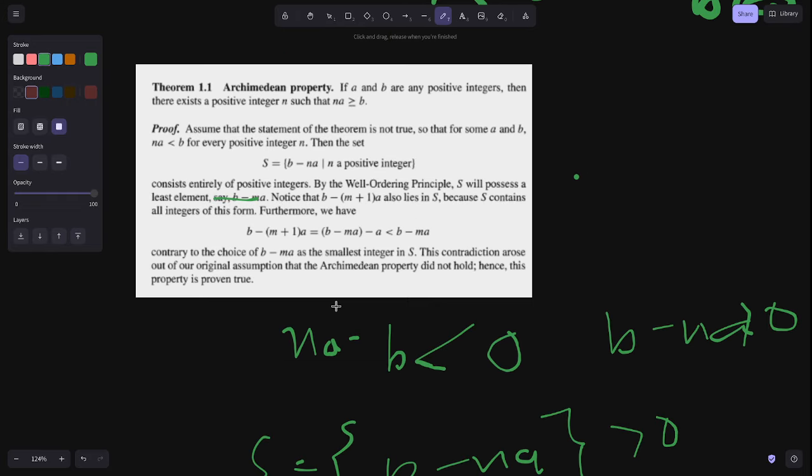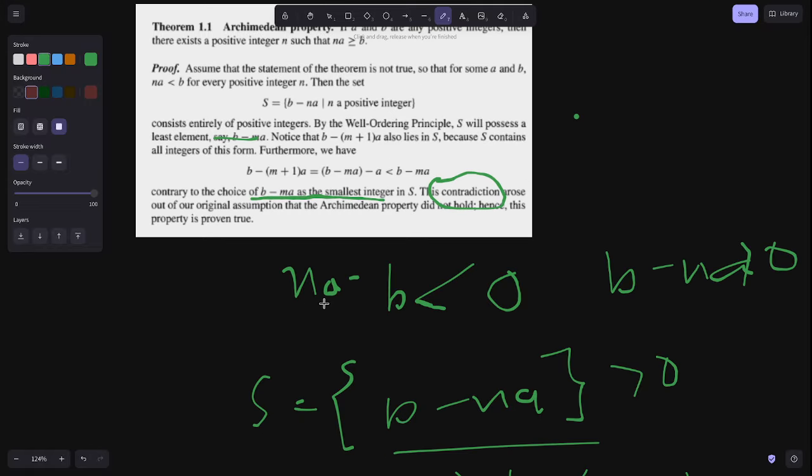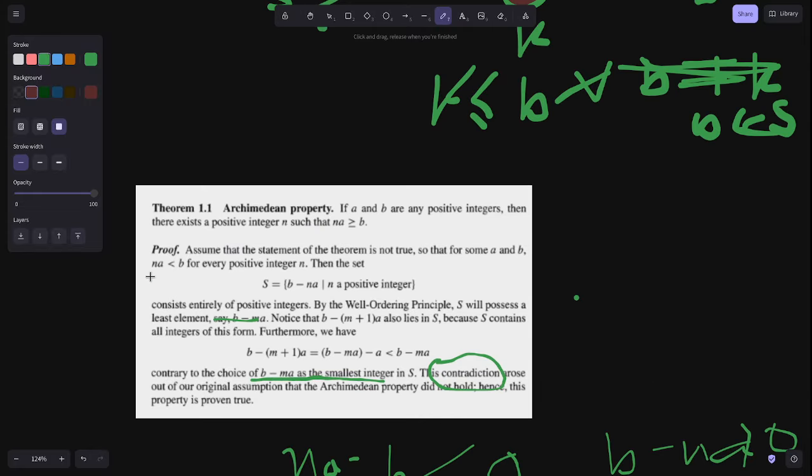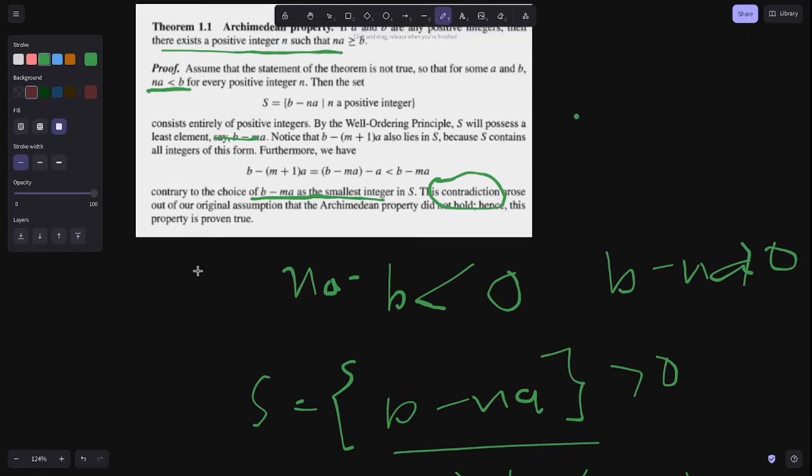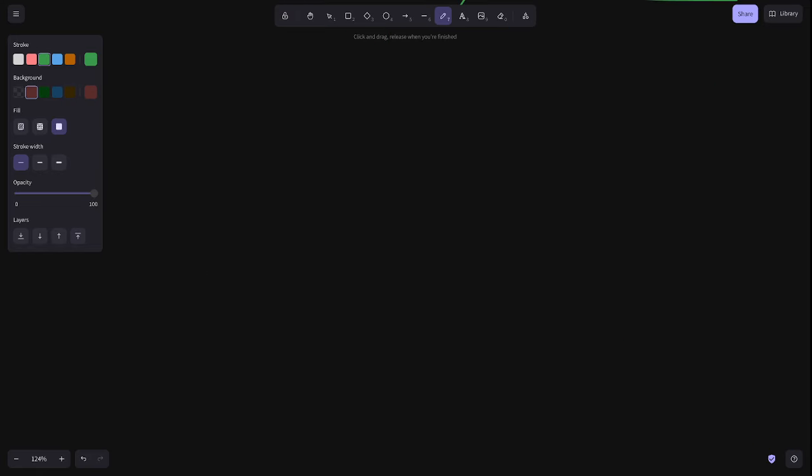So b minus ma is not the smallest element, which is a contradiction. So this statement does not hold. By contradiction there will always be some positive integer n such that na is greater than b. That's the main approach here.